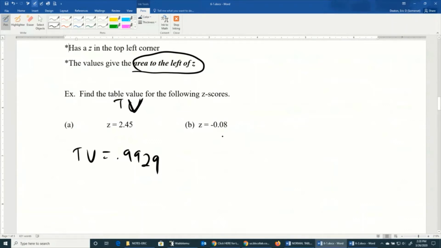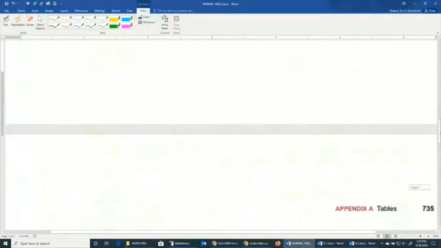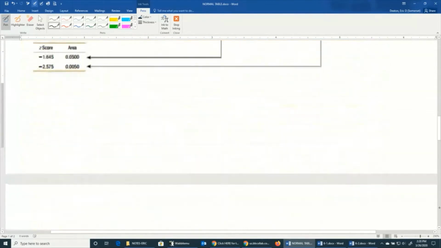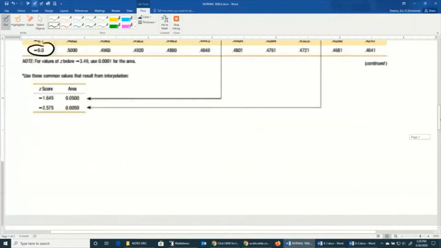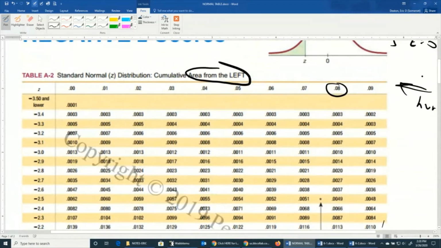Let's go ahead and do negative 0.08. So let's go back to the table. Notice there's negative 0.08. So what we're going to do is go to the negative 0.0, which is right here, and then the 0.08 is up here. So it's the second column from the right.